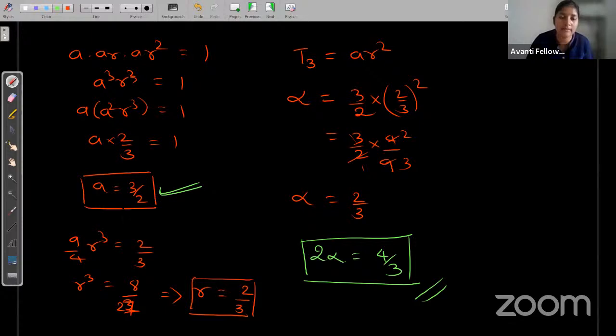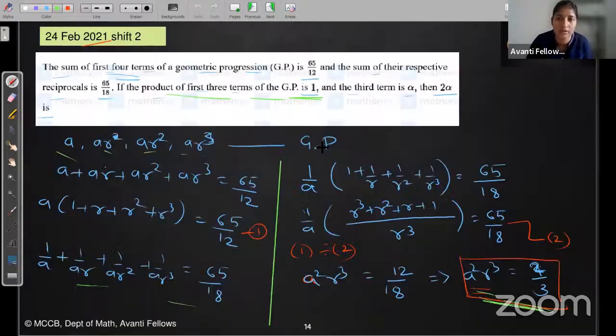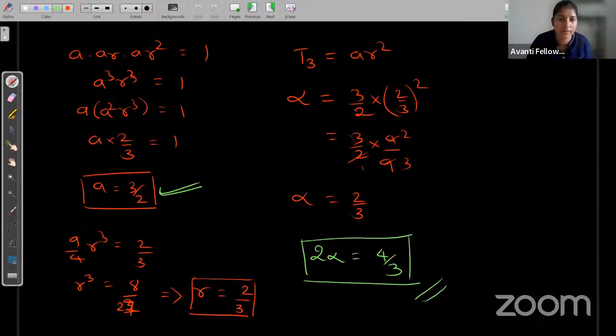Using this A equal to 3 by 2, which I substituted in this equation, I found the value of R. So when A and R are known to us, we can easily find T3, right? It is nothing but A into R square. Just substitute the value. We got the value of alpha, multiply it by 2, and we got the final answer.